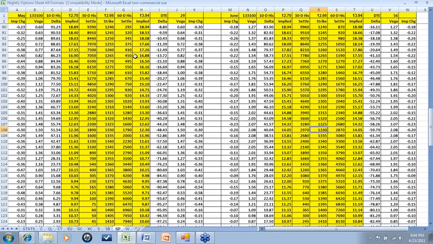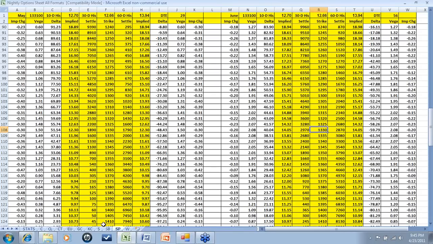So now it's a 350 difference, and over here it's a 685 difference. So by looking at this closely on a daily basis, you'll be able to structure positions that make sense based on your market bias.